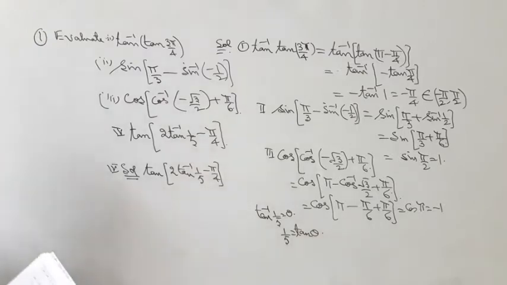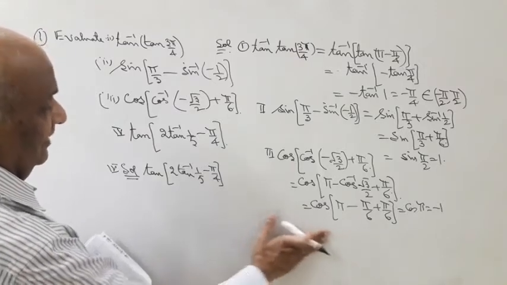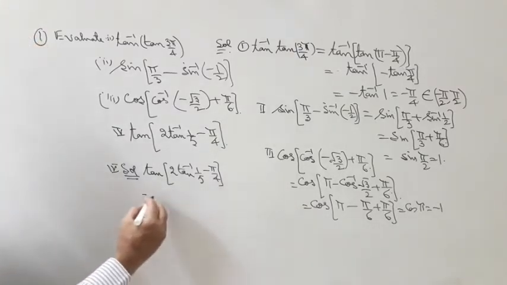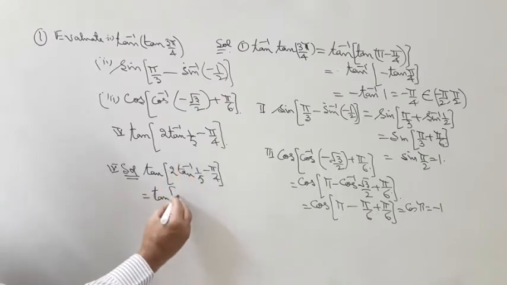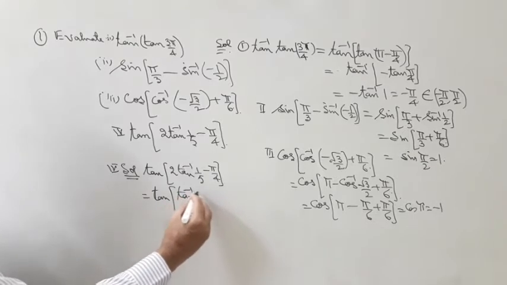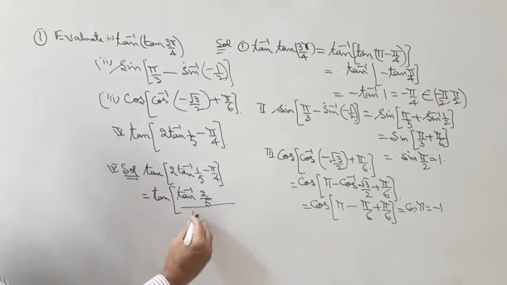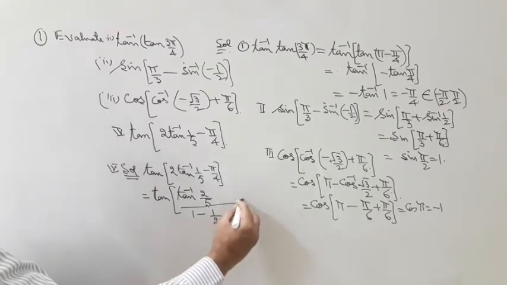Let me change this a little, just rub it off. Please correct it once again. I start from here. It is tangent of 2 tan inverse, it is tan inverse of 2 upon 5 over 1 minus 1 upon 25, minus pi by 4.